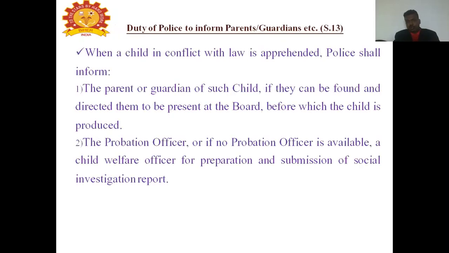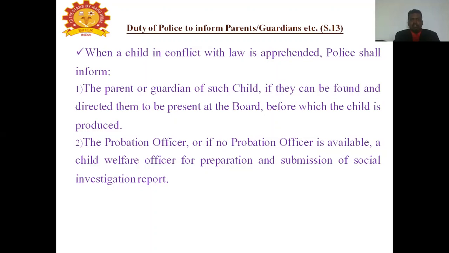Duties of police to inform parents, guardians. Let's talk about Section 13 of the Juvenile Justice Act 2015. When a child in conflict with law is apprehended, the police shall inform the parent or guardian of such child, if they can be found, and direct them to be present at the board before which the child is produced.